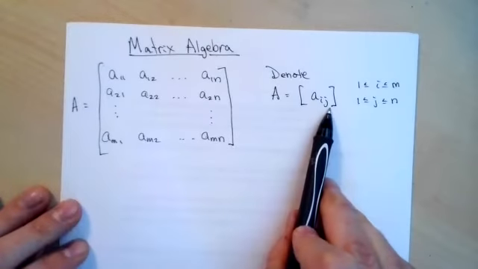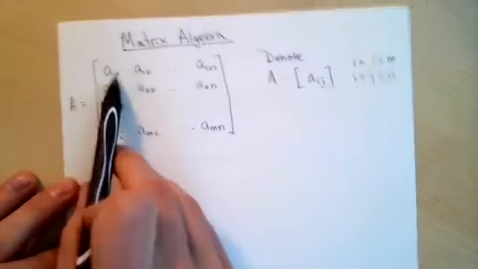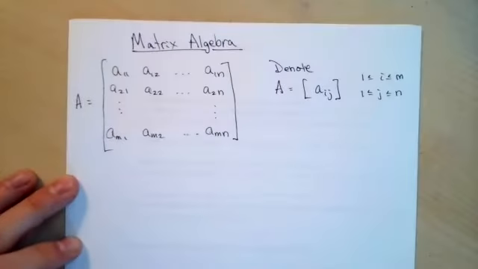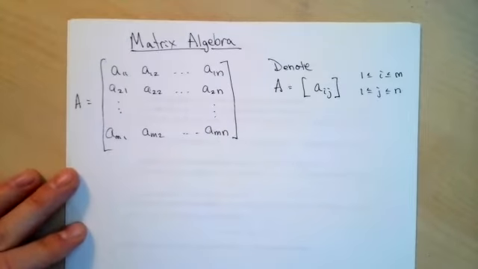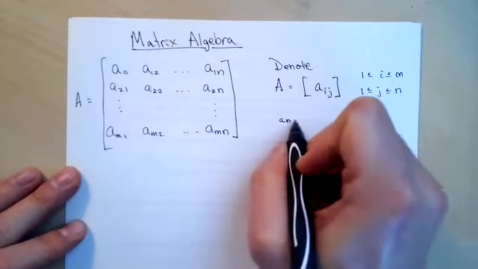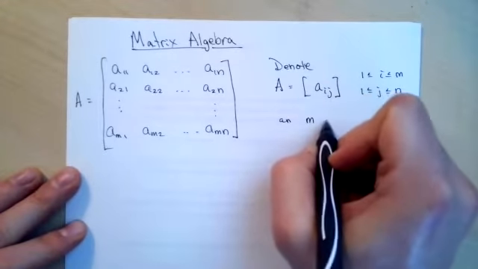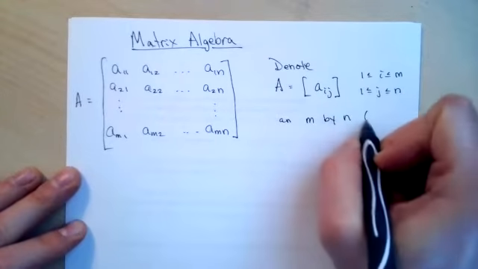So it's always row, column. i is our rows going downward, j is our columns moving to the right. And then we call this an m by n matrix.